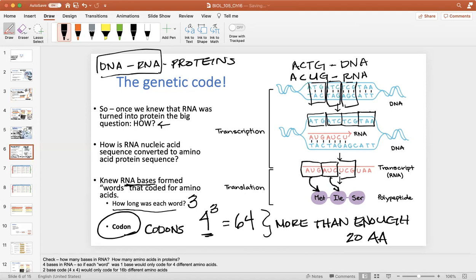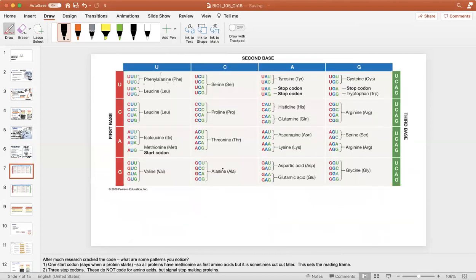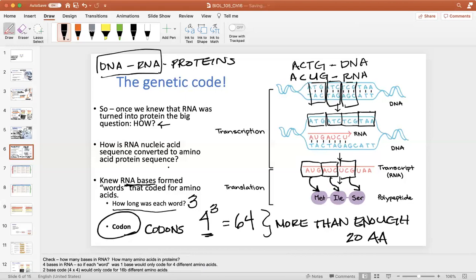These 3 here code for an amino acid called serine. So this is the genetic code. This is how we go from being a DNA molecule to an RNA molecule to a protein molecule.